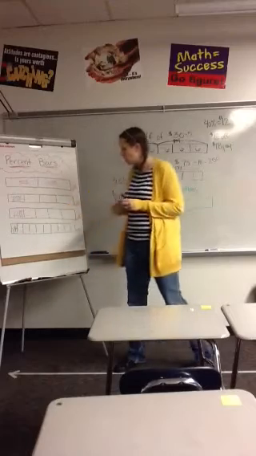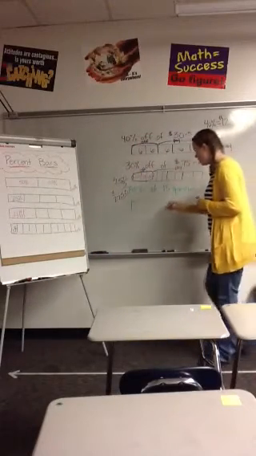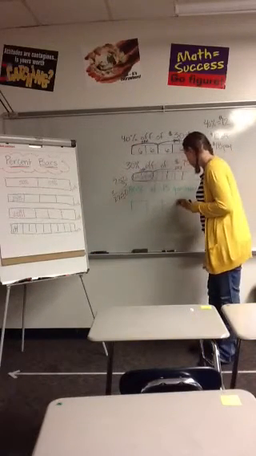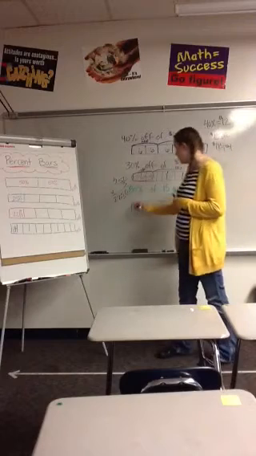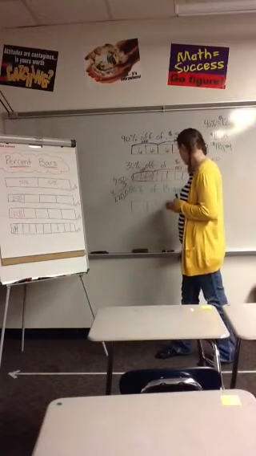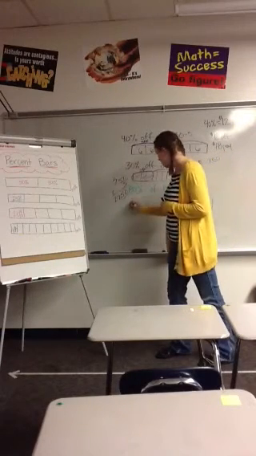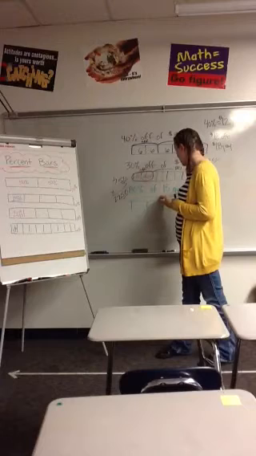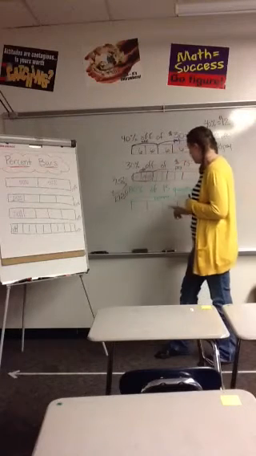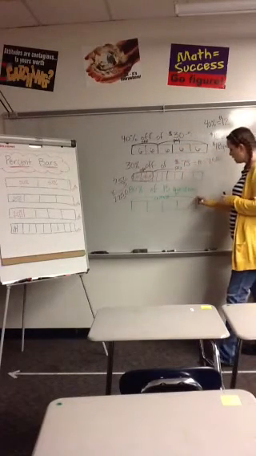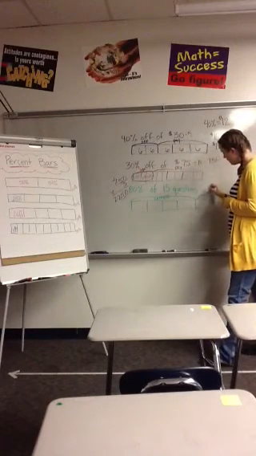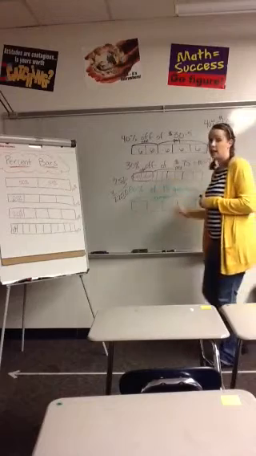So if I use the 20% bar, I'm going to split this into 5 pieces. Okay, and 80% is 4 boxes: 20, 40, 60, 80. So this is how many questions I have to get correct. And this is what I'm allowed to get wrong to get an 80%.